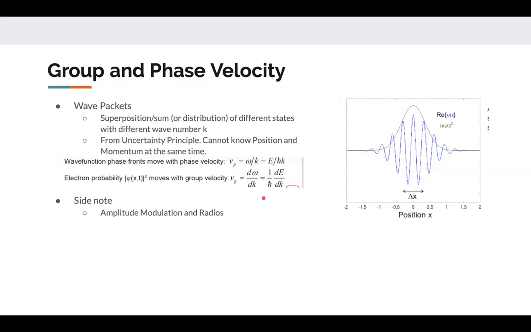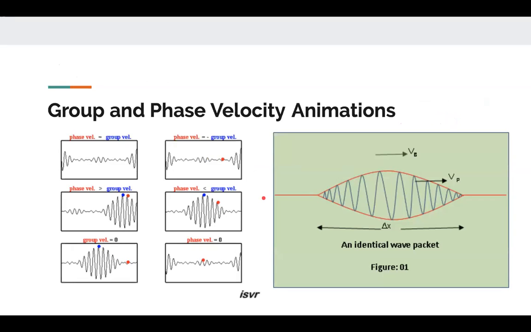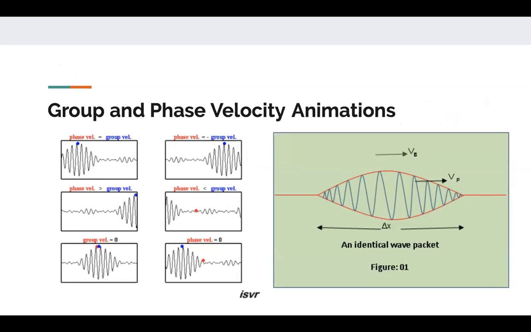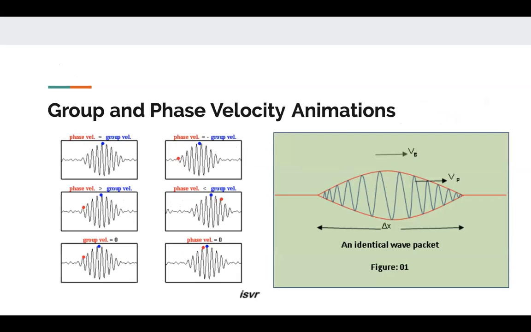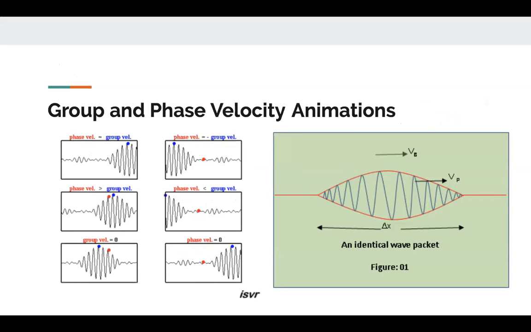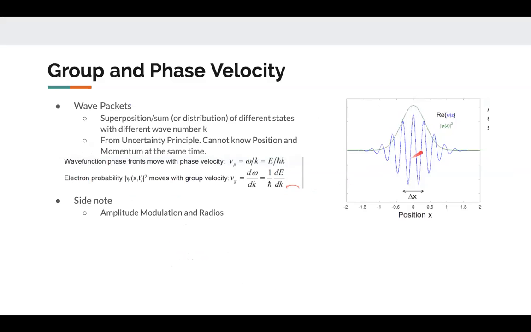The group velocity is the velocity of the entire packet, while the phase velocity is the velocity of the inside thing, which is omega over k. The velocity of the entire envelope is the derivative of omega with respect to k.